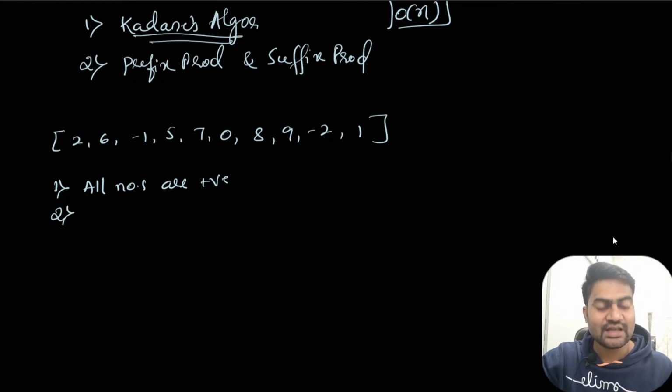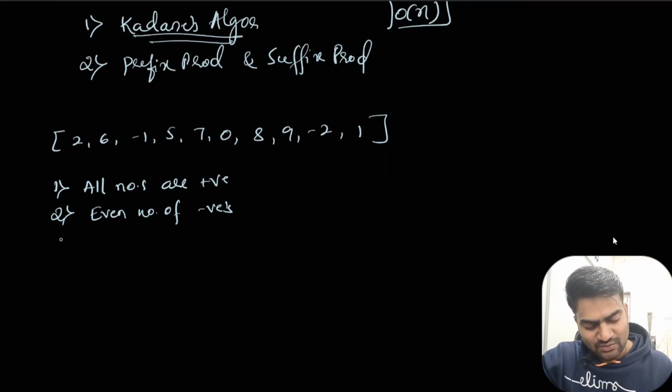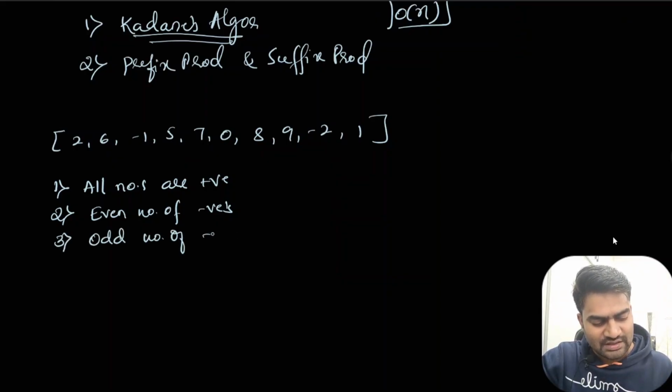Next one is we have an even number of negatives. It means when we have an even number of negatives, after multiplication the final product becomes positive. So it is very clear for us. Now the third case, which is very important, the odd number of negatives.